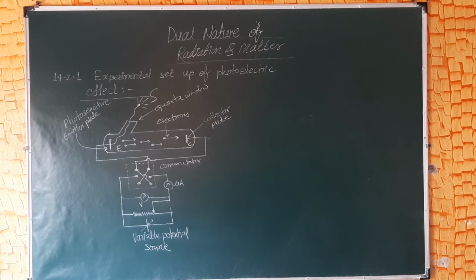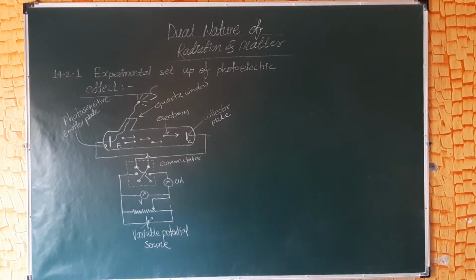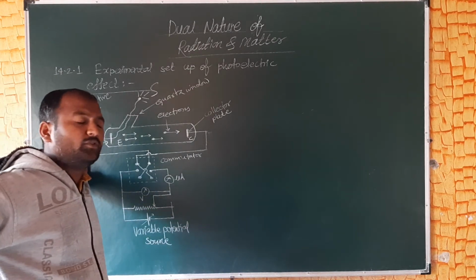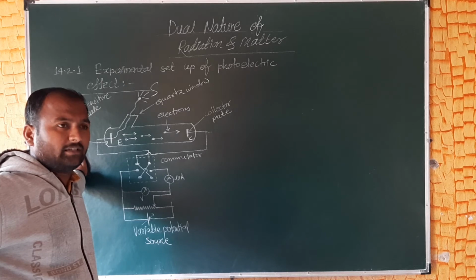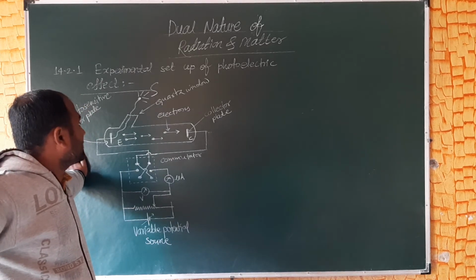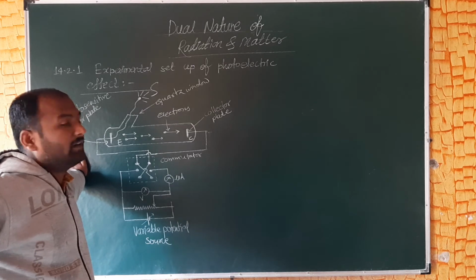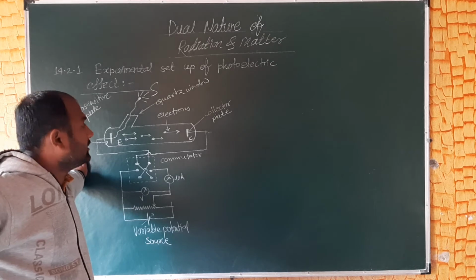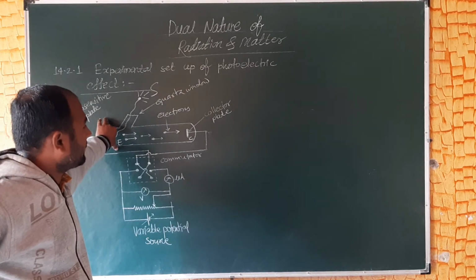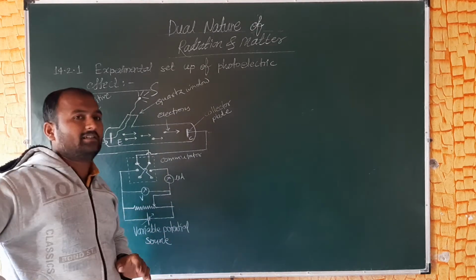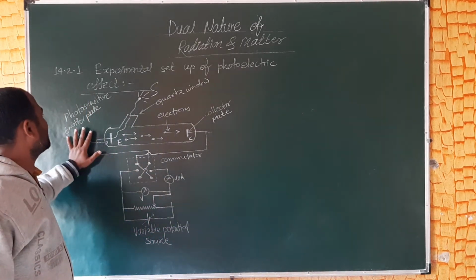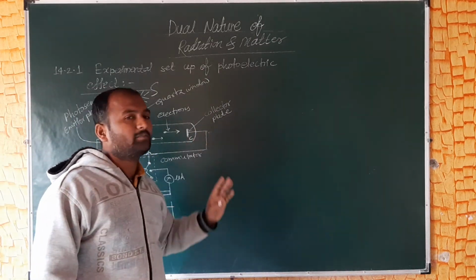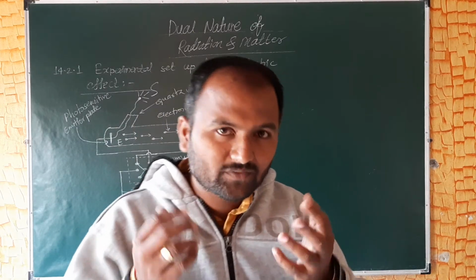Next point. Here, this is the experimental setup. The experimental setup of the photoelectric effect is a typical laboratory setup consisting of an evacuated glass tube. आता हे काय आहे, typically laboratory experimental setup आहे. की ज्याच्यामध्ये काय काय कन्सिस्ट आहे, एक evacuated glass tube आहे, in which two plates are present. The first plate is the photosensitive emitter plate which ejects the electrons, and the other is the collector plate which absorbs the electrons.